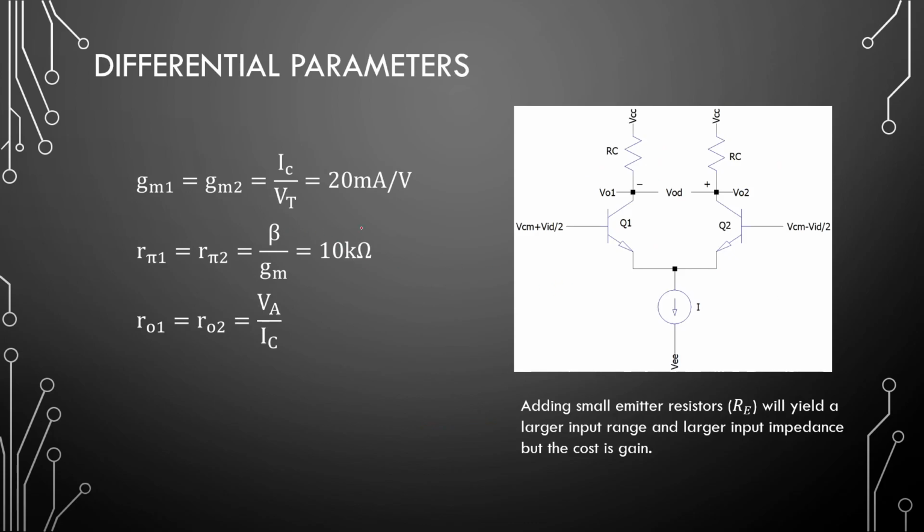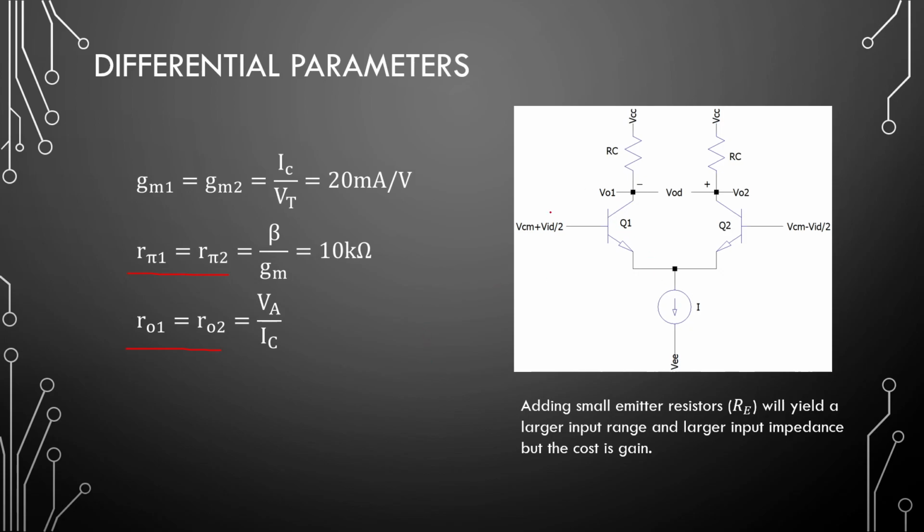Right, so if both sides of this amplifier are biased to the same current, that means that our transconductance for each transistor will be the same, the input resistance will be the same, the output resistance will be the same, and that is as long as our beta values are exactly the same.